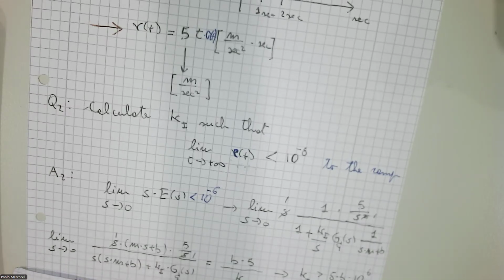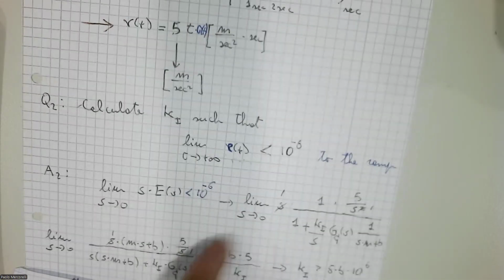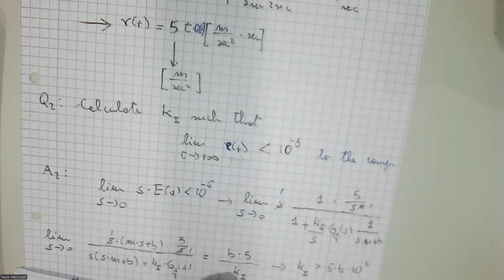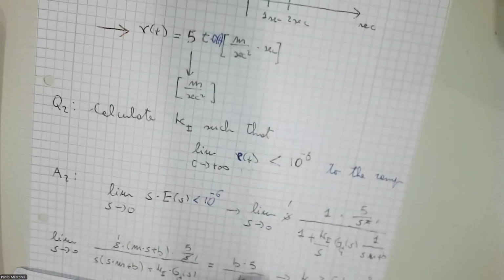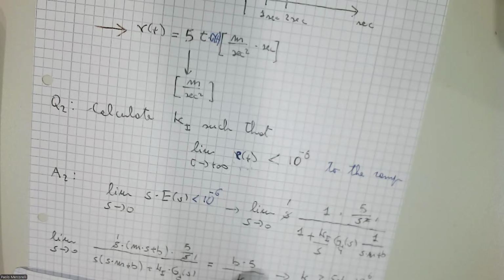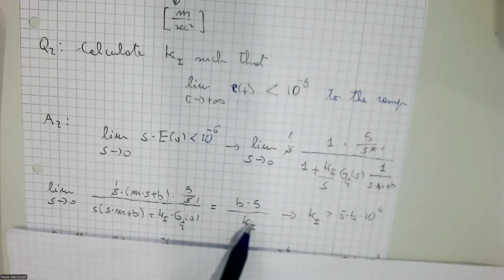And for S equals 0, or that tends to 0, we'll have this. Now, if you consider this expression, this must be, or that should be, less than.